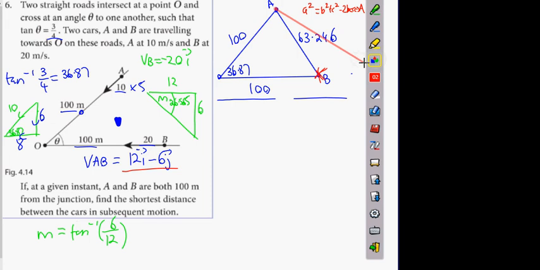And what's going to happen next is, when it's closest to B, it will be at 90 degrees. So the goal of our question right now is to find out what angle this is. That's the important part. Okay.